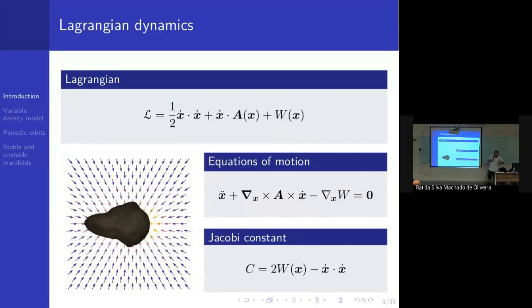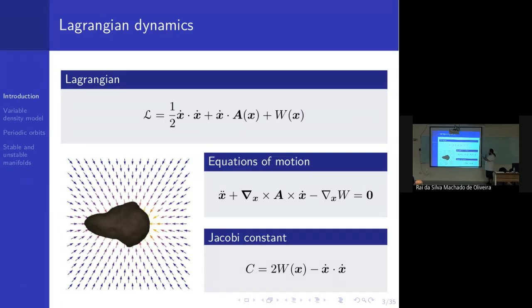Okay, so how does a small particle or a small object move around the asteroid? Well, we start with this general expression for the Lagrangian. With the Lagrangian, we obtain the equation of motions. Here, W is the gravitational potential of the asteroid.